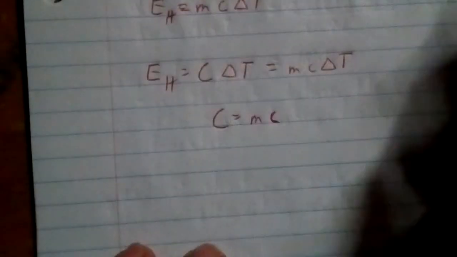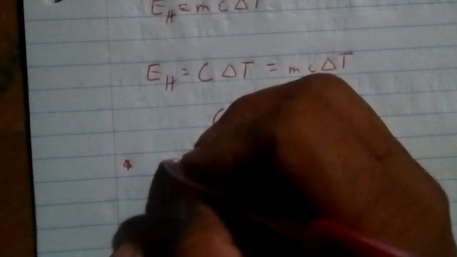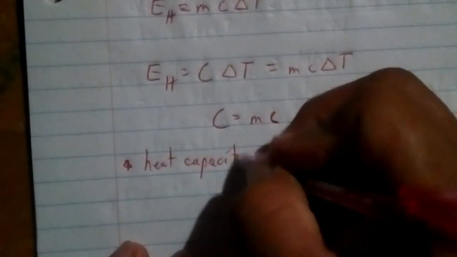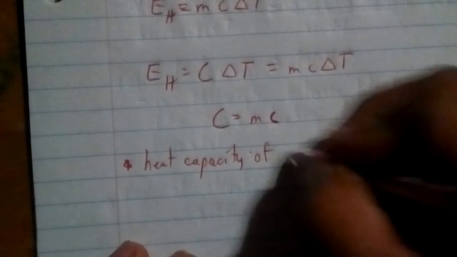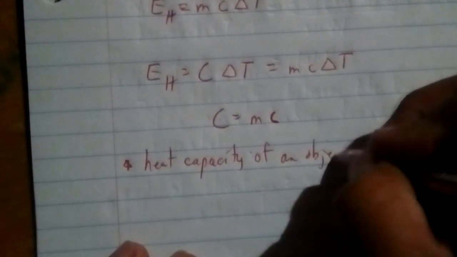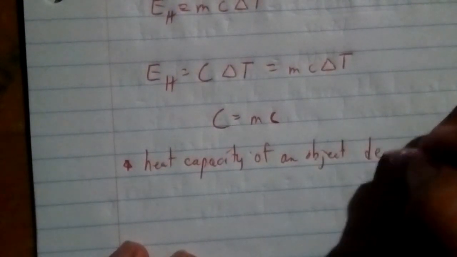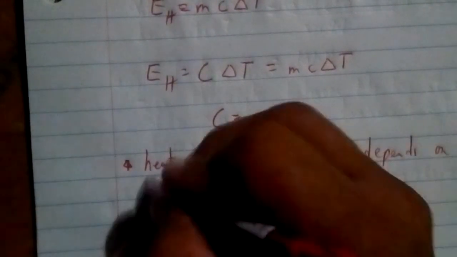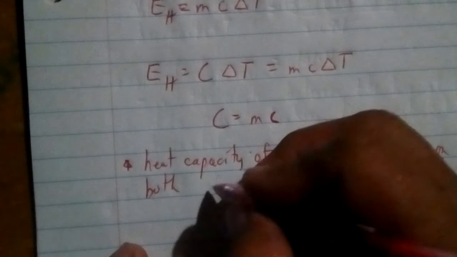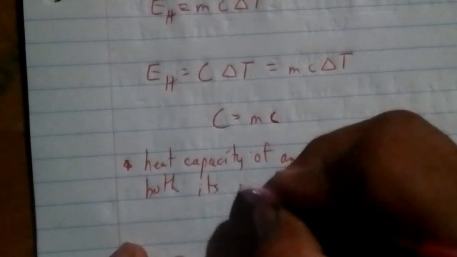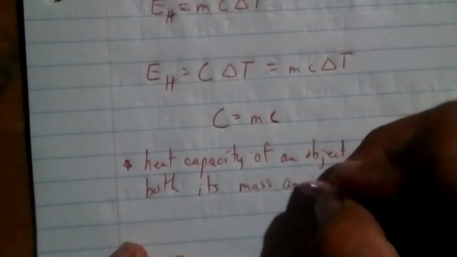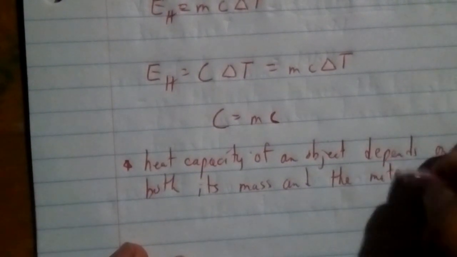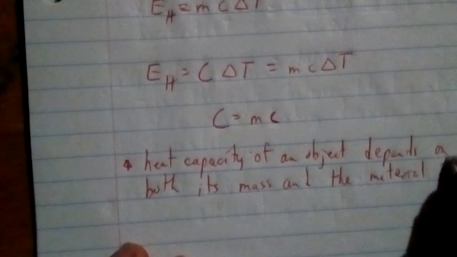So let's write that key point there. Heat capacity of an object or material depends on both its mass and the material it is made of.